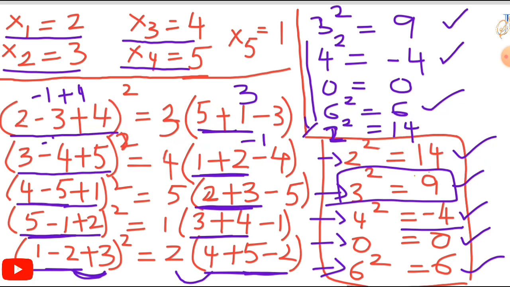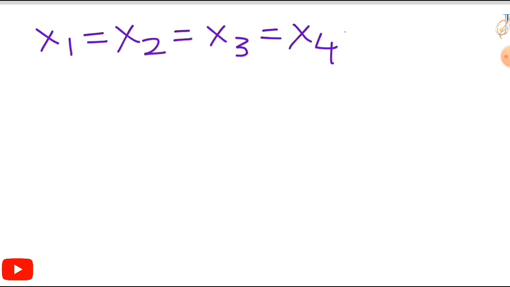Equal contribution from each variable maintains the balance within the cyclic system of equations. Hence, we can conclude that x1 equal to x2 equal to x3 equal to x4 equal to x5. And we don't know the exact value. Is it 1 or 2 or 3 or 4 or 5? So that's why we just assume it's A.